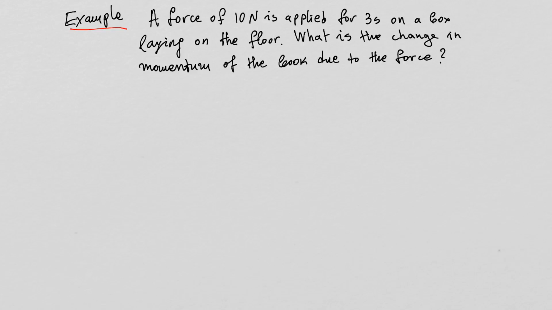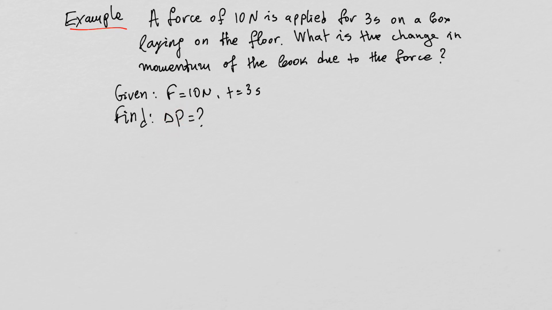So we have a 10 Newton force which is applied for 3 seconds on a box that is placed on the floor. The question is, what is the change in momentum of the box due to that force? So this problem is a little bit different than the previous examples because we know the force and the time of application of this force, and what we're looking for is the change of momentum, the difference between final and initial values.